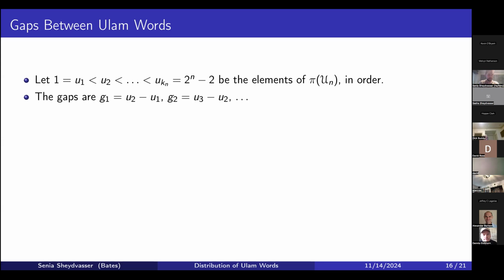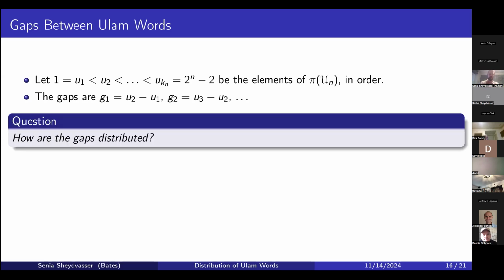Start with U1, which will always be 1, then U2, U3, up to U sub k to the n, which will always be 2 to the n minus 2. Then look at the gaps, the differences between consecutive terms. The first gap is U2 minus U1, the second gap is U3 minus U2, and so on. Now we ask, how are these gaps distributed?